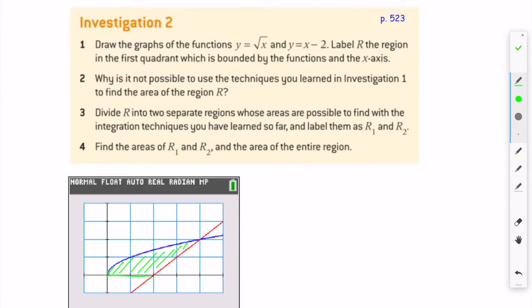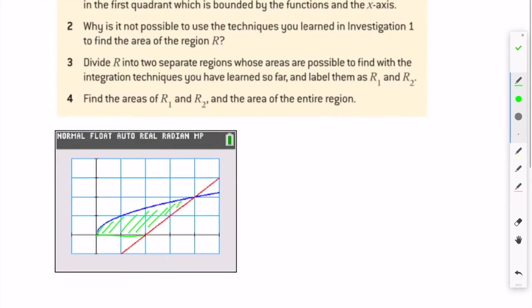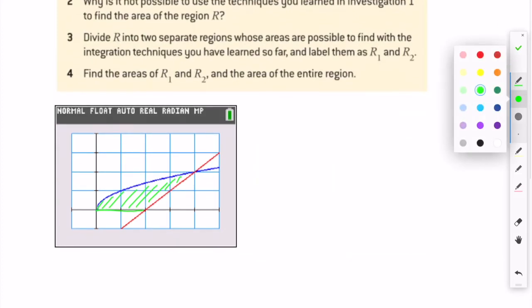Number 2. Why is it not possible to use the techniques you learned from investigation 1 to find the area of the region R? Well, if you look carefully at the diagram, this region that we're interested in is not exactly bounded just by the x-axis and the two functions, because there is actually this piece here that is under the x-axis.